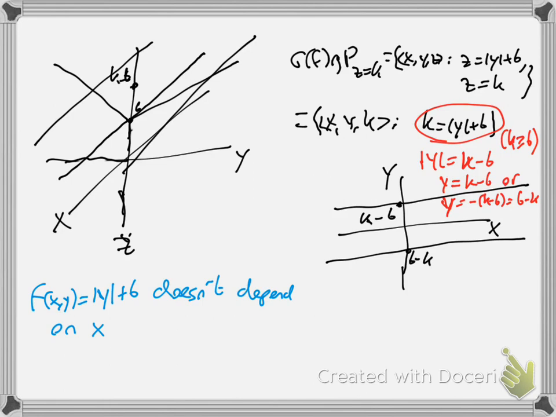So if x is 0, I get this kind of picture over here. We've already done this. But if x is a different value over here, say 2 or 3, whatever, we should get the same picture like this. And if x is some negative value, we also get a picture like this.